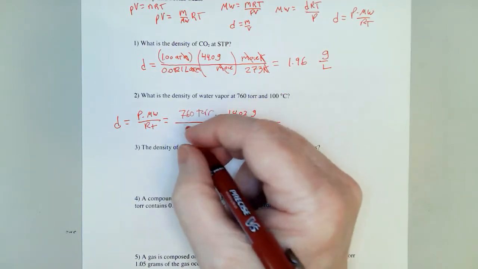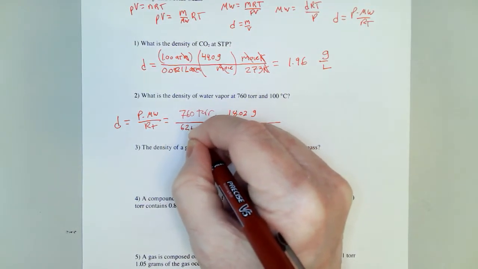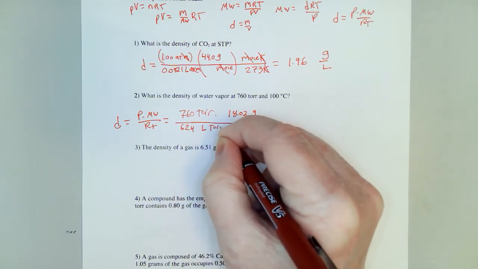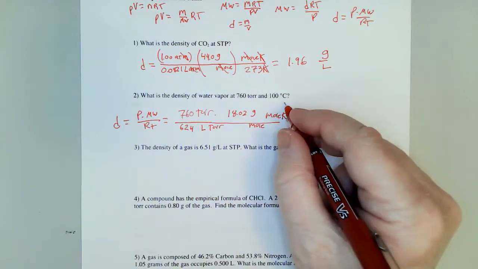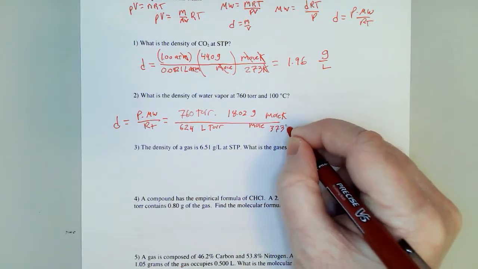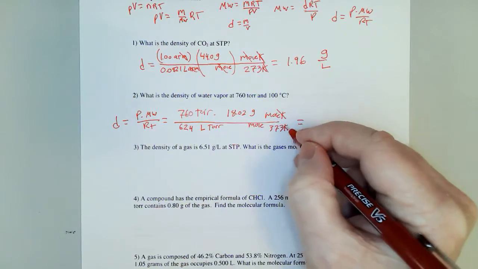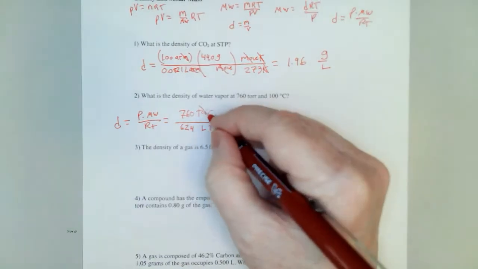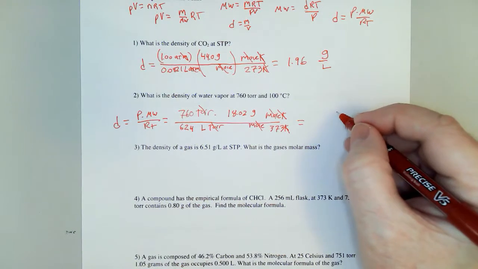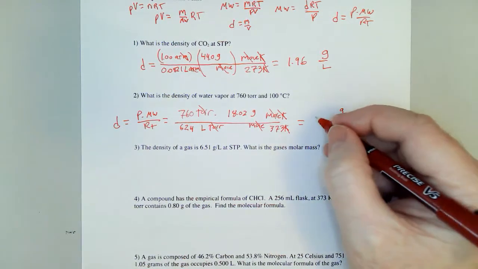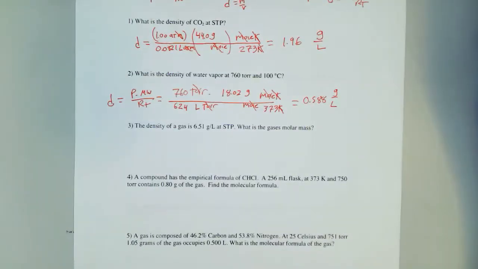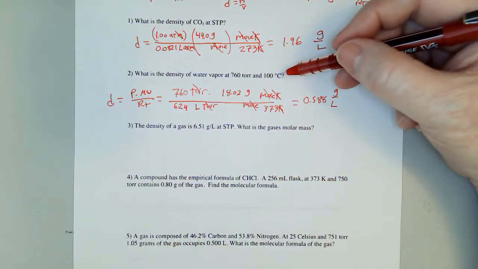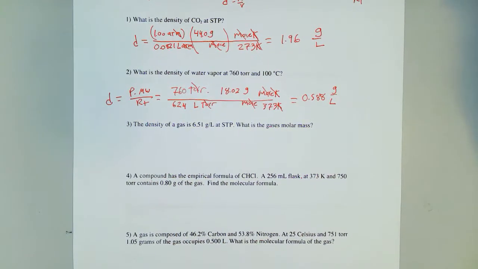R, to get rid of torr, we would use the value 62.4 liter torr per mole Kelvin. And the temperature converted to Kelvin is 373 Kelvin. Now, Kelvin is gone, moles is gone, torr is gone, grams over liters, and this is 0.588. So what this shows you is that as you increase the temperature, the density of a gas goes down. And that makes a lot of sense to us.